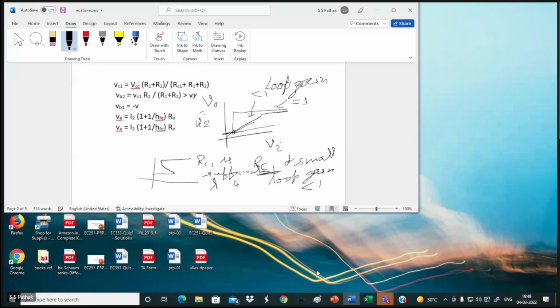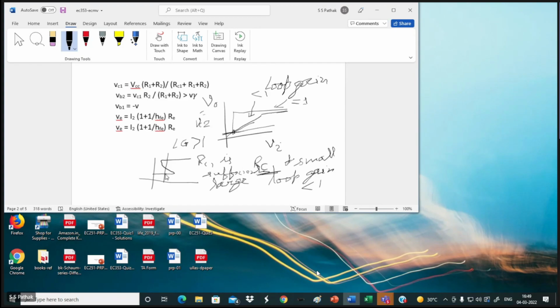And it is true for all other cases of multivibrators also, because biasing will be doing. So what happens? If I draw a line here, here loop gain is greater than 1. It goes like that.